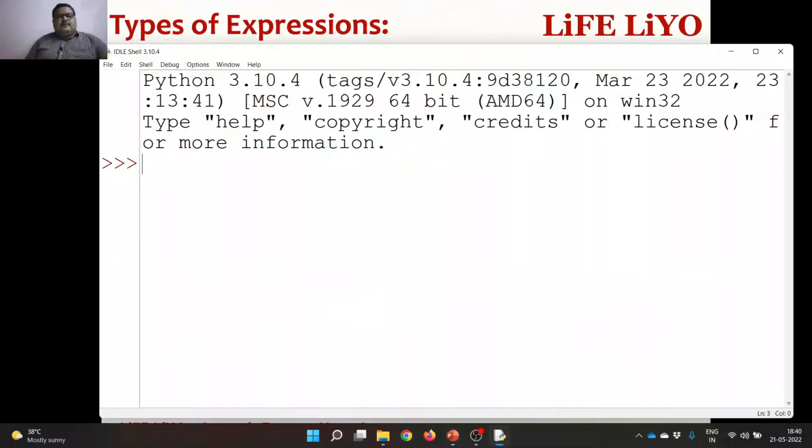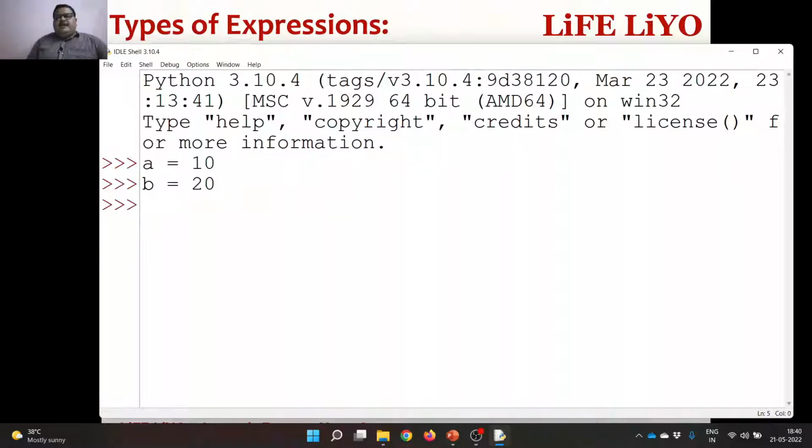If we look into the definition of a constant expression, whenever an expression is evaluated on constant values, then those are called constant expressions. Let us take an example: A equal to 10, B equal to 20.